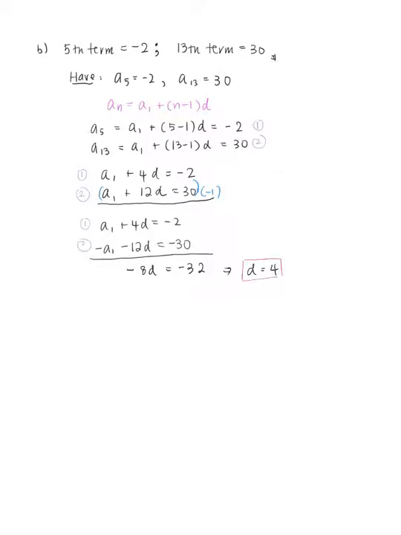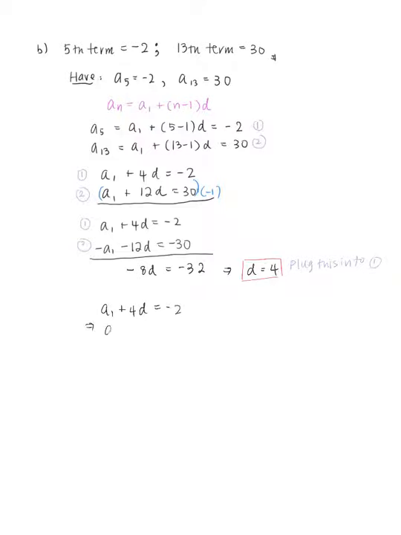Now to solve for a sub 1, plug this into either one of equation 1 or equation 2. I'm just going to take circle 1. So if I do that, then here I'm going to get a sub 1 plus 4d equals negative 2.